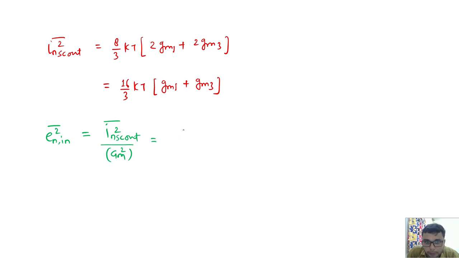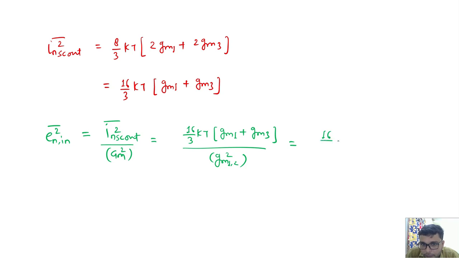the gm of the input pair. So it is nothing but 2 times (gm1 plus gm3) divided by gm1 square. They are the same, so I can say gm1 only. So from here we can see 16 by 3 kT divided by gm1, times 1 plus gm3 by gm1.